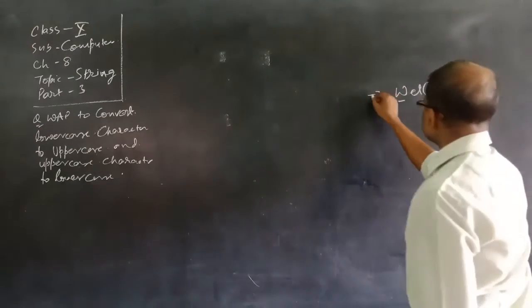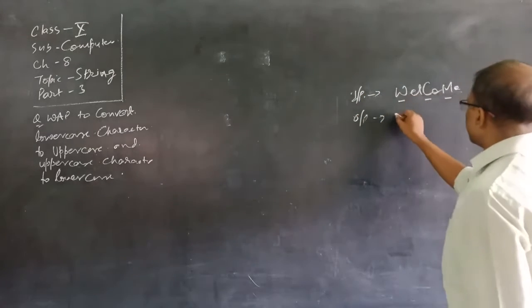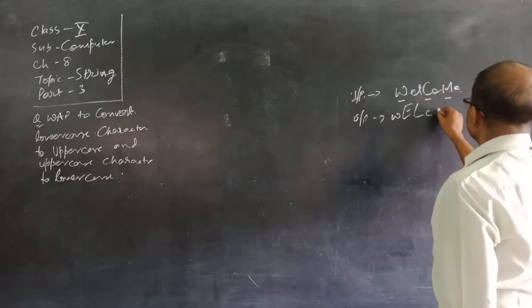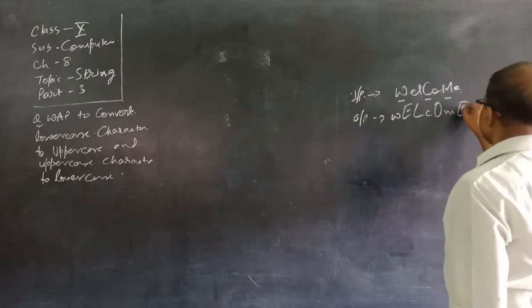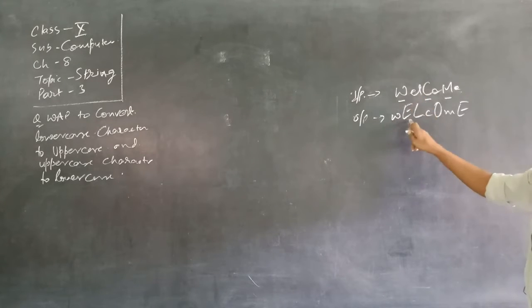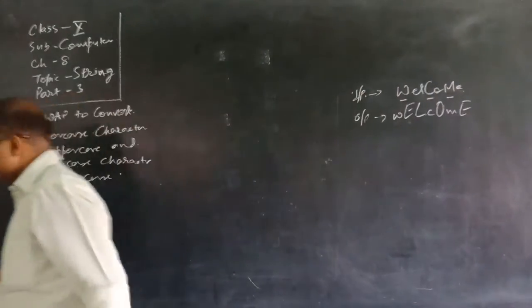This is the input. After output, the output will be like this: w, E, L, c, O, m. The uppercase characters will be converted into lowercase and the lowercase characters will be converted into uppercase. So we have to do this type of program.